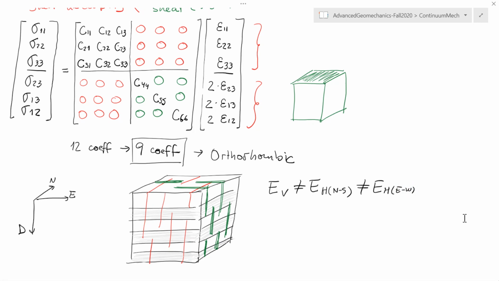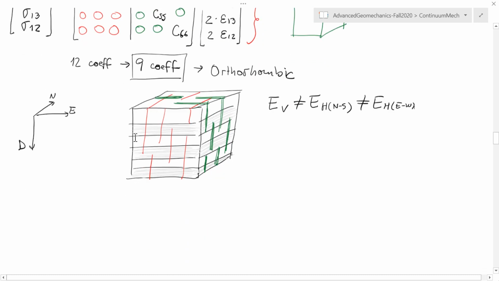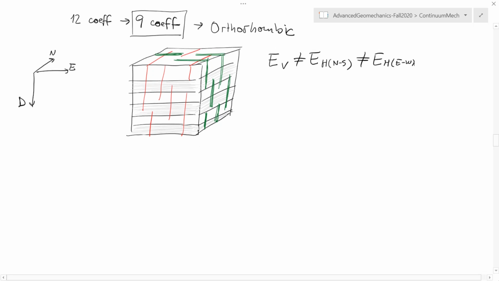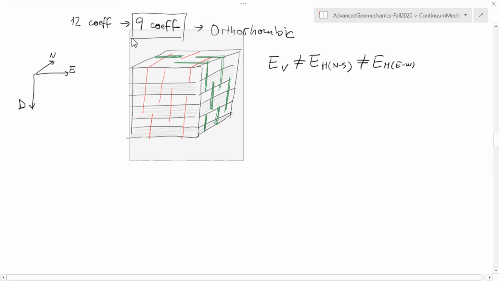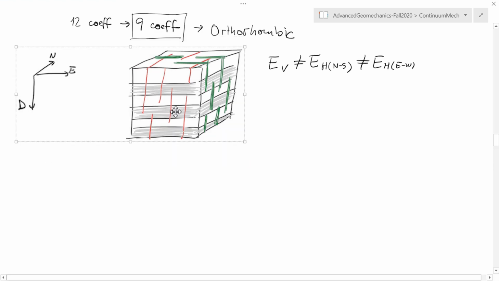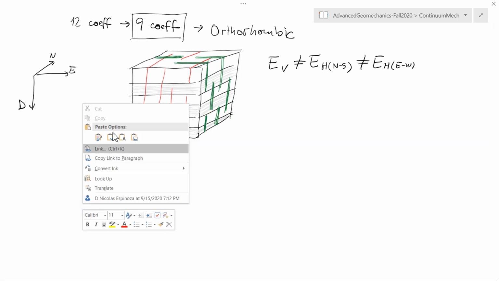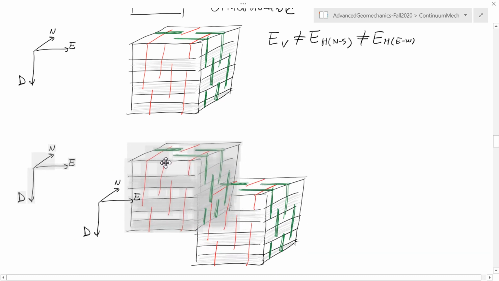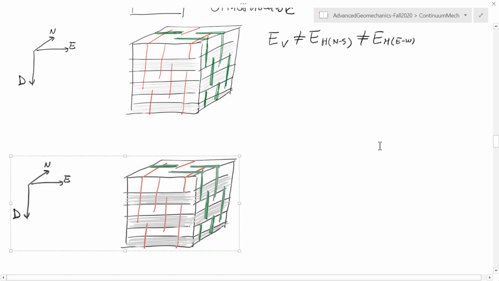All right, let's simplify this a little bit, and let's get rid of the fractures, and let's see what we would get in that case. Let me copy my block, and hopefully I can get rid of those fractures without deleting other things.